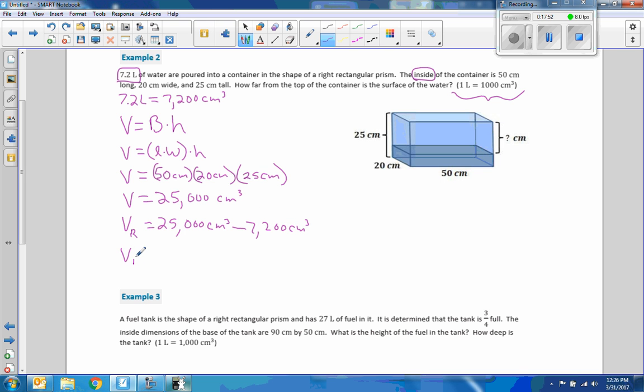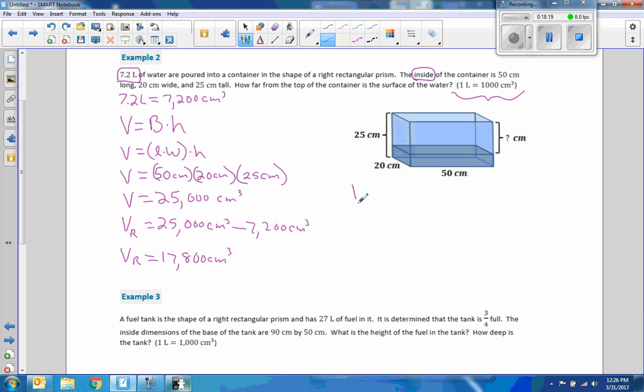So the remaining volume equals 25 minus 7 is 18, minus 2 is 17,800 centimeters cubed. Okay? Alright, so now I know the remaining volume.